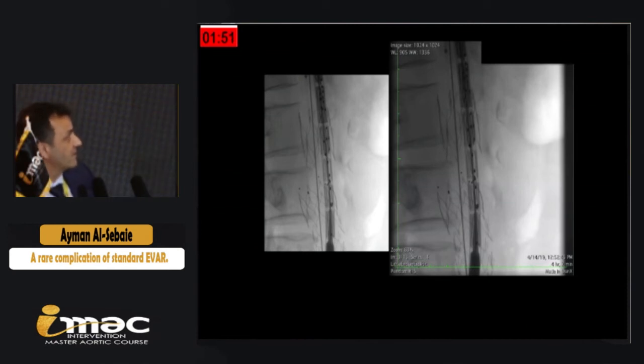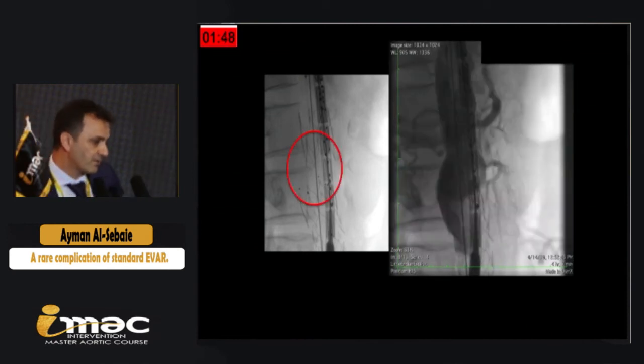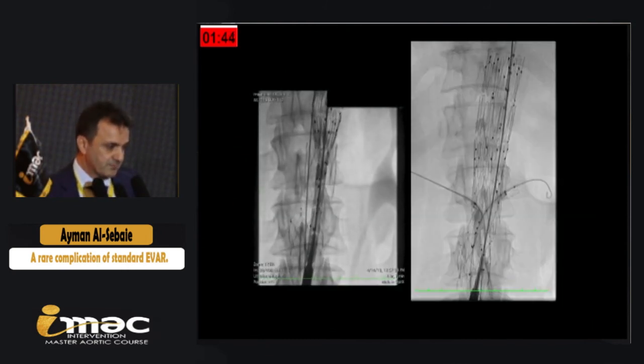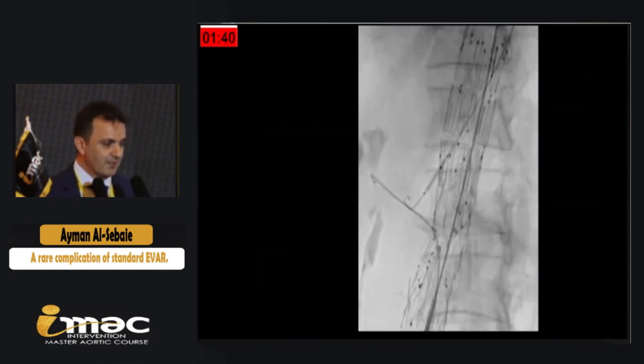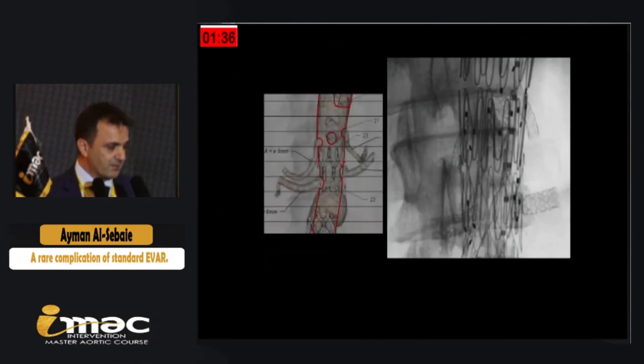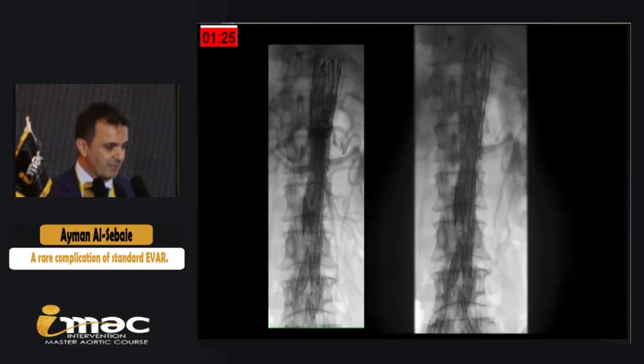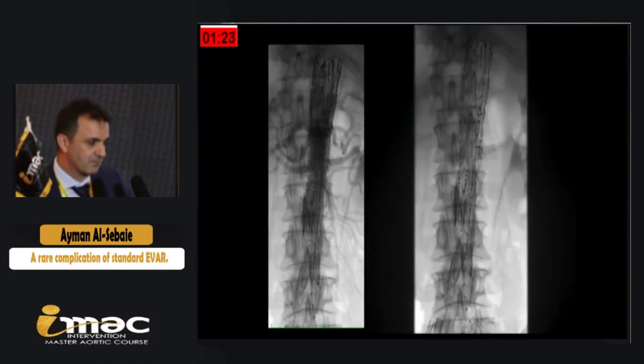This is the device, and this is the implantation procedure. So we deployed, cannulated the right and left renal arteries, and then coming from brachial access, we cannulated the other 4. And this is how the final image looked. 4 renal arteries, the SMA, and the celiac. And the case went very well.